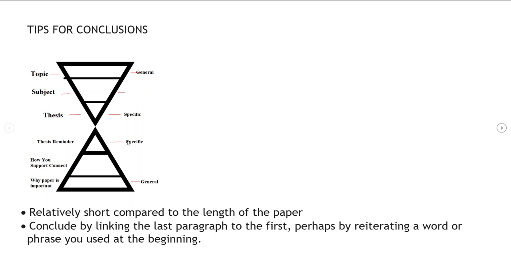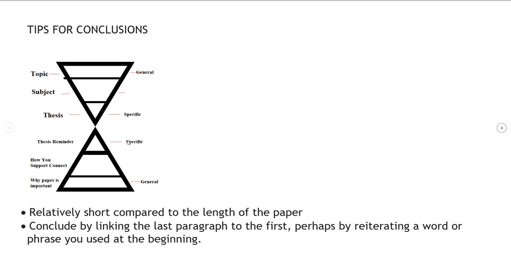Right? So now I've come to the conclusion of your paper. What was that main argument that you were trying to make over the course of those 4 pages? If you're writing a 12-page paper, what was the point? What was the purpose? What was the main idea? You want to reiterate that fact. It's a much better way to start your conclusion rather than in conclusion or in summary.